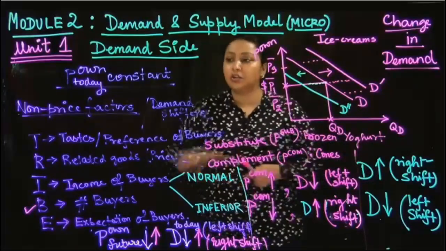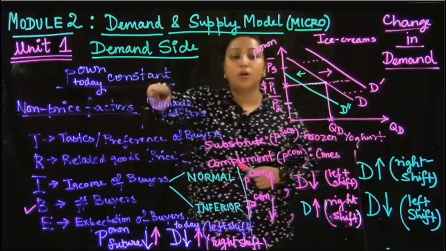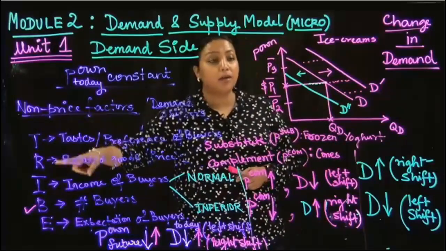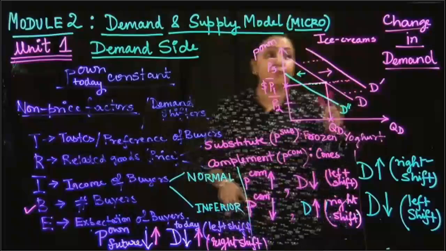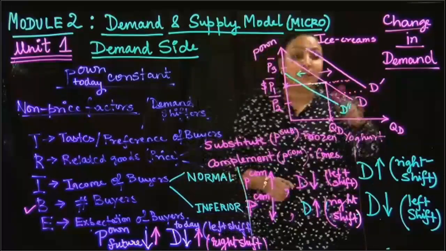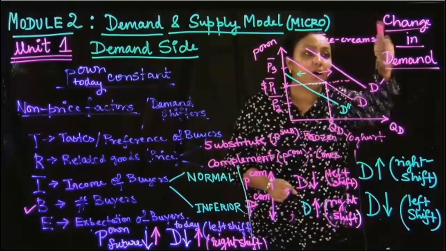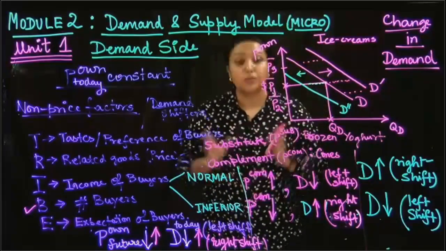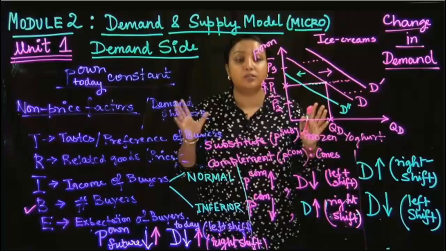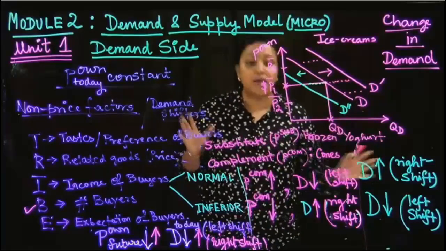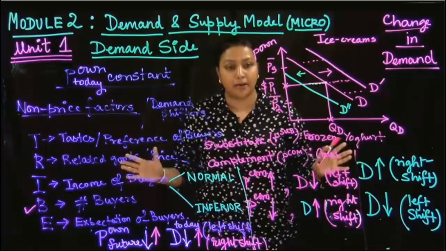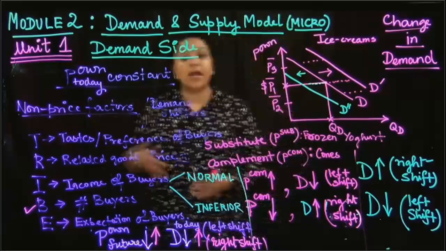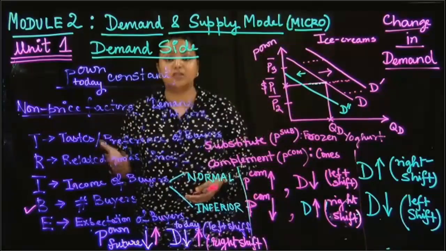But here we are assuming that the price of the commodity is fixed, but some other non-price factor is changing in the market such that you get a shift of the demand curve, and that shift of the demand curve is called a change in demand. Okay, so please understand carefully this difference between change in demand and the change in quantity demanded. Now next we will go on to the supply side and look at things from the seller's perspective.